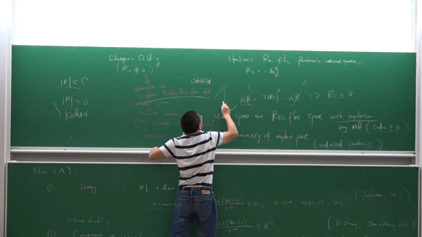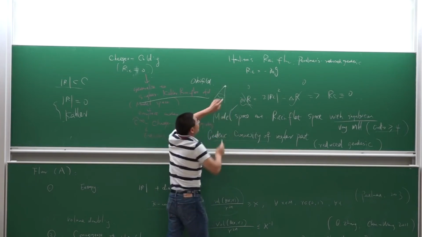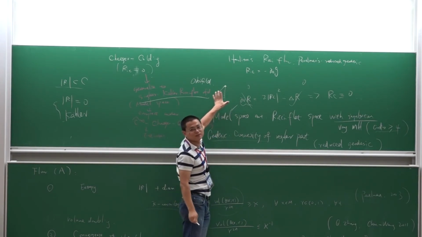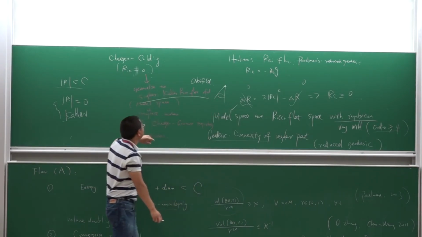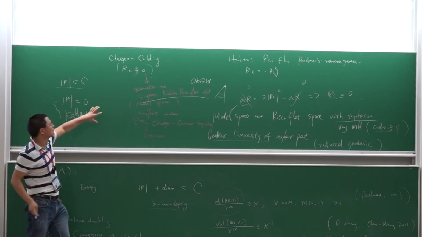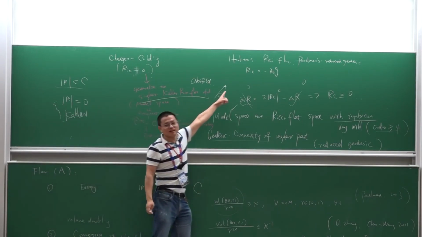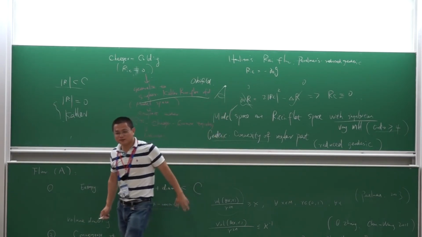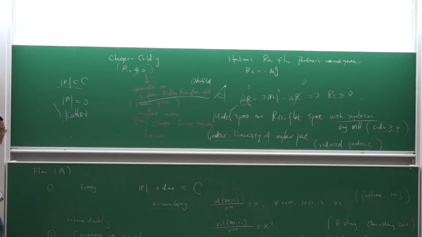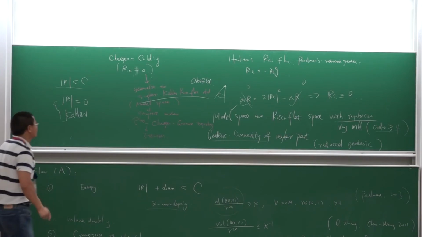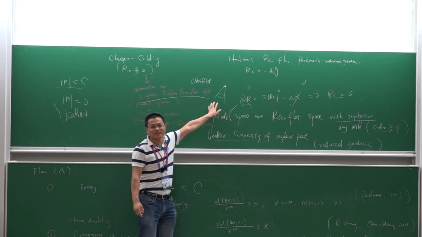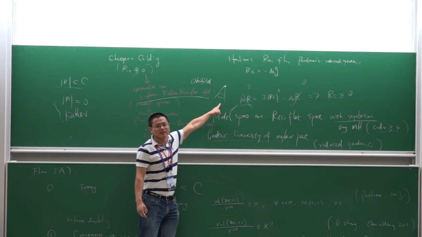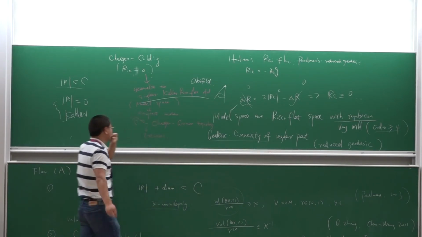You have a cone singularity here. Away from that, you have smoothness. We consider the Ricci flat space with some singularities, but the singularities are very, very mild. It's not a point singularity, it could be a dimension 4 singularity. This is just a very simple example. It definitely satisfies the condition.